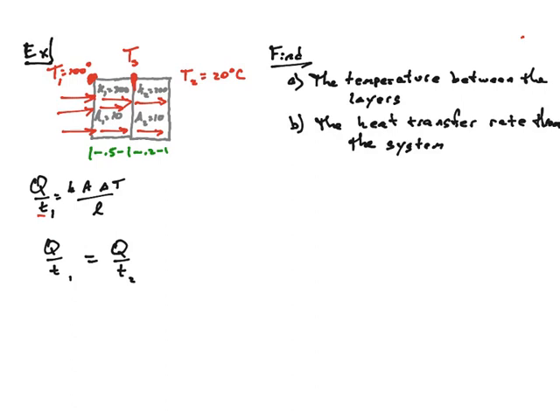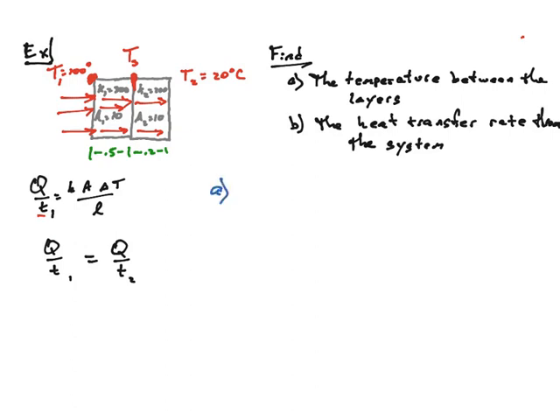It's not given in the problem. That's why I arranged this problem, part A, to force you to find what this number is. Because once I know that number, I can get Q over T1. And of course, Q over T1 is the same as Q over T2, so that is the heat transfer rate. I'd know part B immediately. So that's what we're going to do.